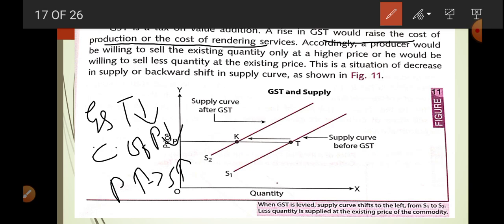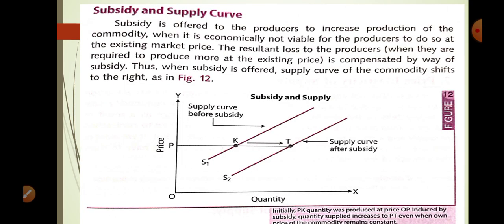Here you can see that before GST production is T, but when the government puts the GST, supply is reduced to K, so there is a leftward shift, meaning a decrease in supply.